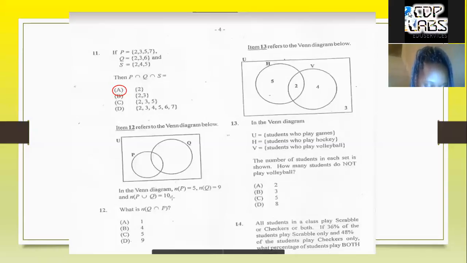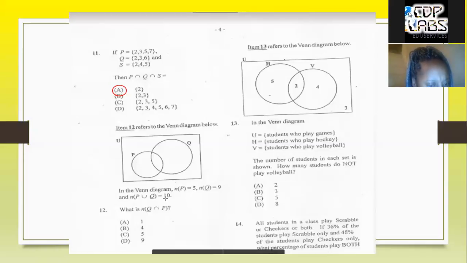Alright. You don't add the 5 plus the 9. How much is that? 14. And it's more than the 10, and the 10 represents everybody, the union, right?